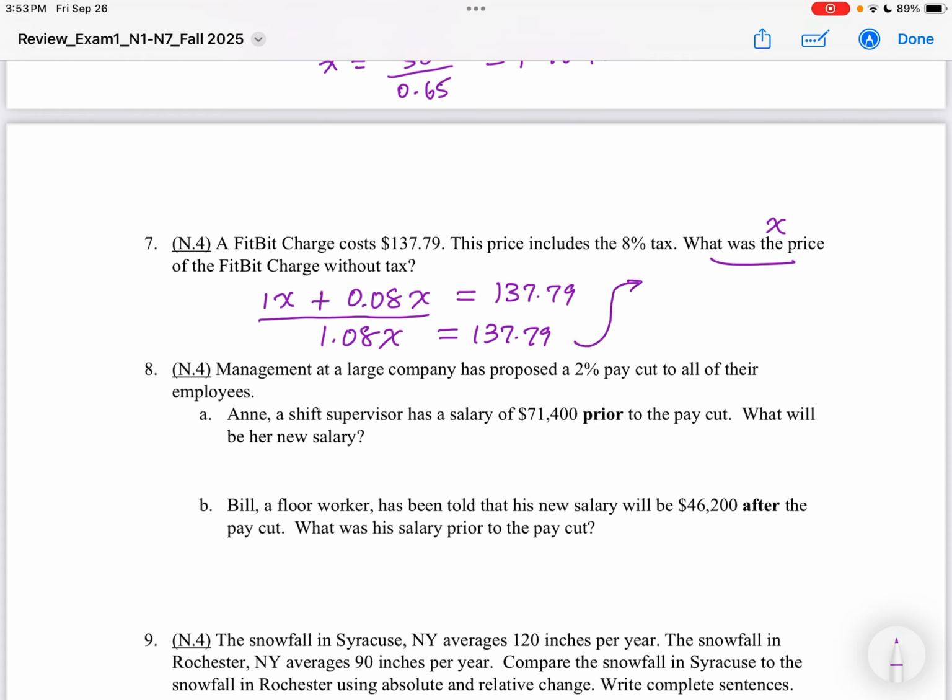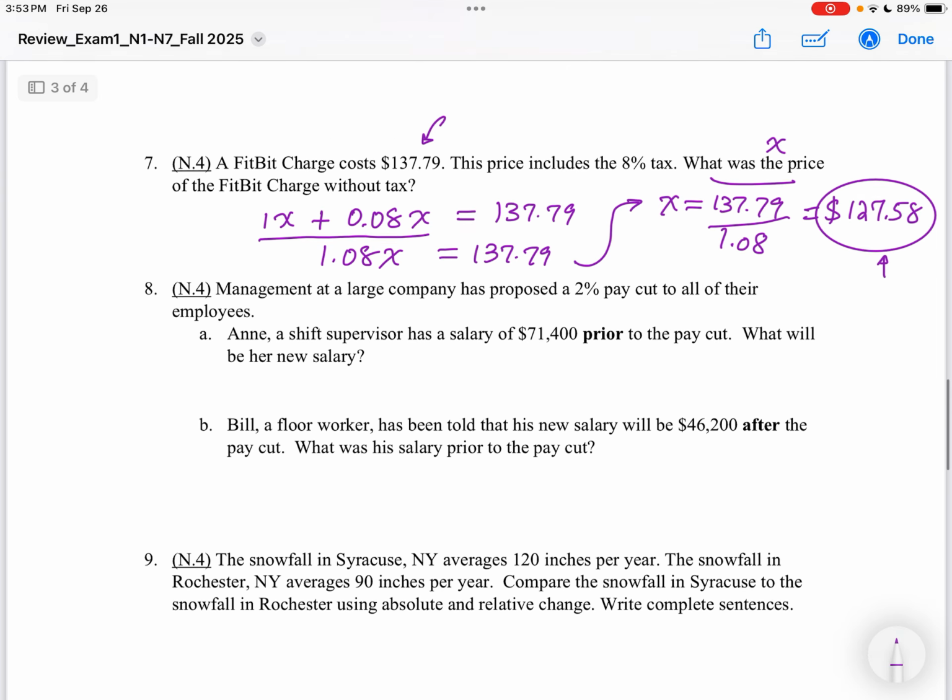So to solve for x, we divide 137.79 by 1.08. Put this in your calculator, and you should get 127.58. Okay, so this is the cost before tax was applied. You can always check by putting the 8% tax on this and add it to the cost to see if you get 137.79.